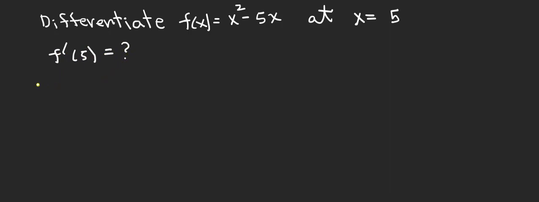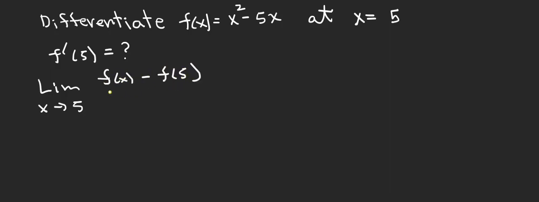So using the alternate form, our a is 5 now: the limit as x goes to 5 of f of x minus f of 5, all over x minus a, which is 5. So let's substitute.